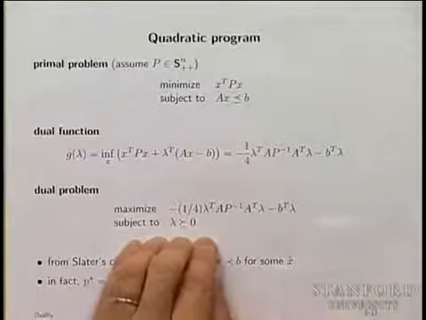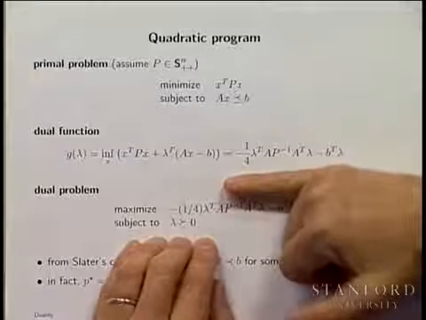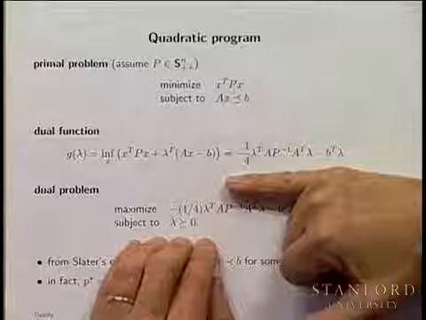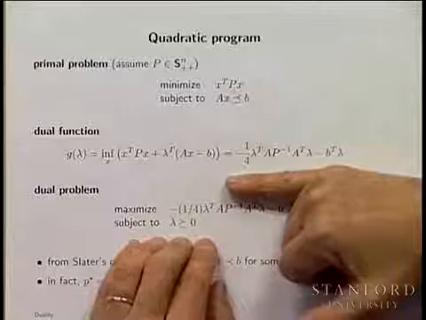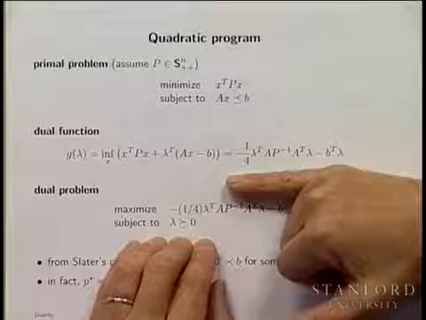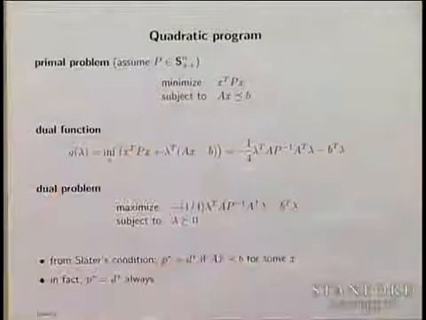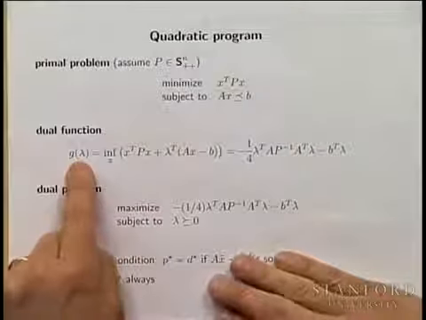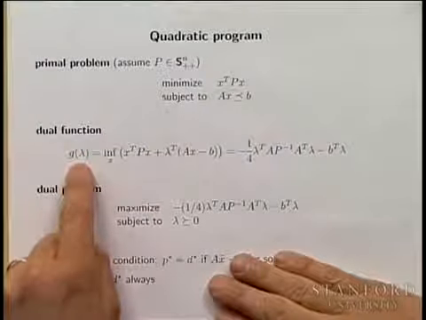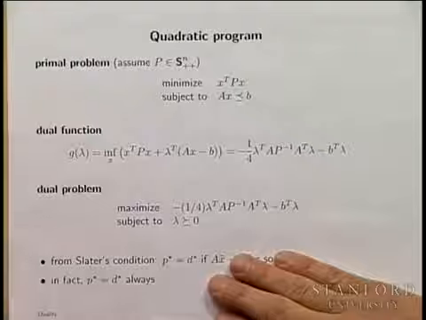By the way, this really is the dual problem, because the domain of the dual function is all of R^m. So you get a lower bound for any value. You take random numbers lambda, and you're not going to get a trivial lower bound.